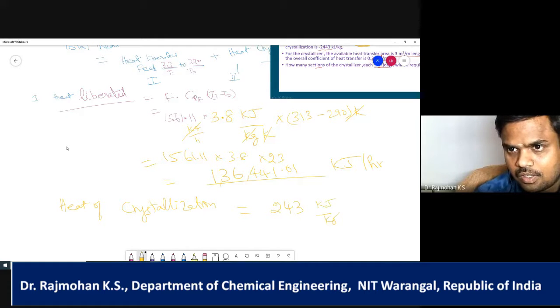Correct the question, I made a typing error. 243 kilojoule per kg multiplied by your C value, which is 1000 kg.